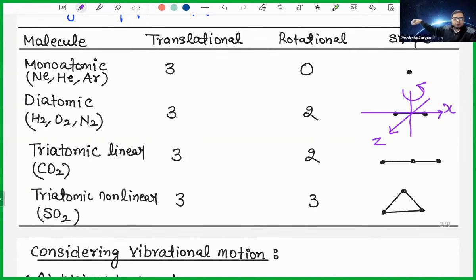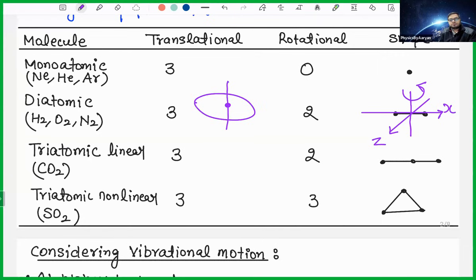Let's say you are rotating on a merry-go-round. This is your merry-go-round, and this is the axis around which it is rotating. If you are standing here, then definitely you are rotating. But if you come and stand on the axis, will you still be rotating?